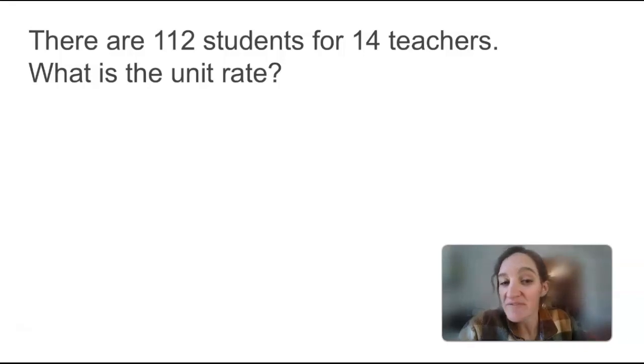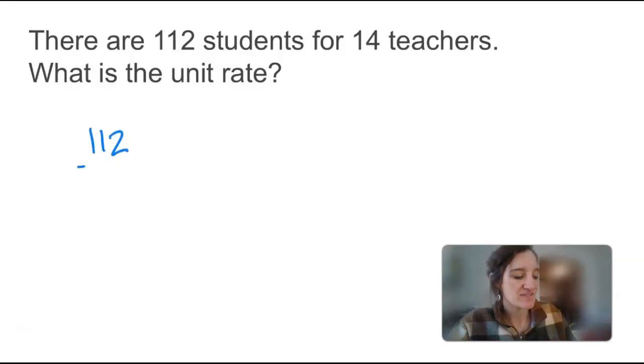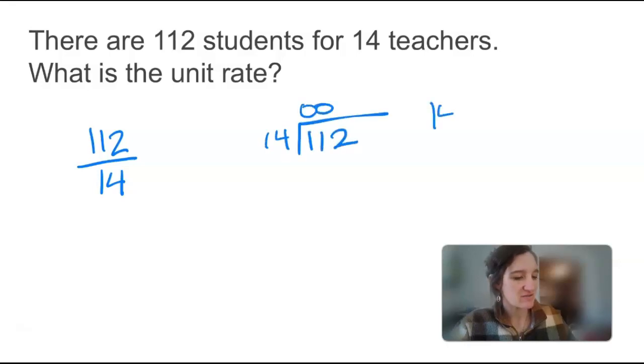Last question for you. If there are 112 students and 14 teachers, what is the unit rate for that? Did you set it up this way? 112 on top, 14 on bottom, and you ended up dividing 14 into 112. 14 times 5? No, not 14 times 5.